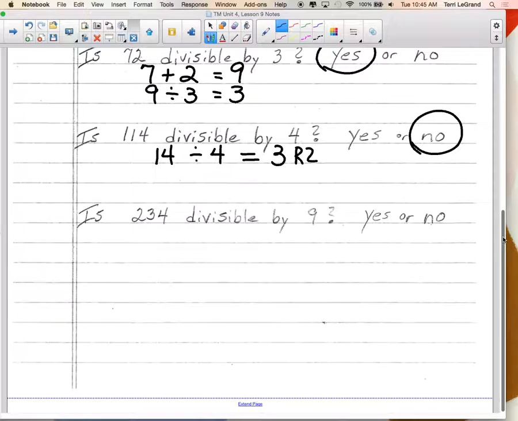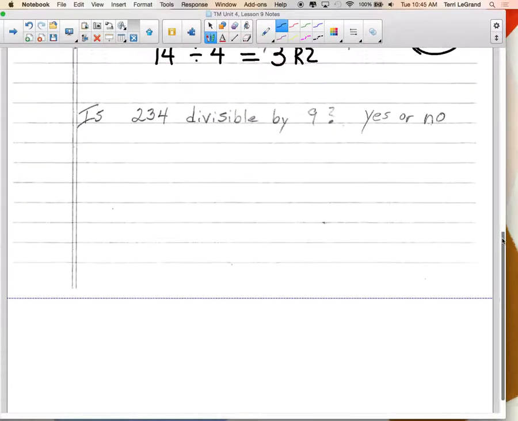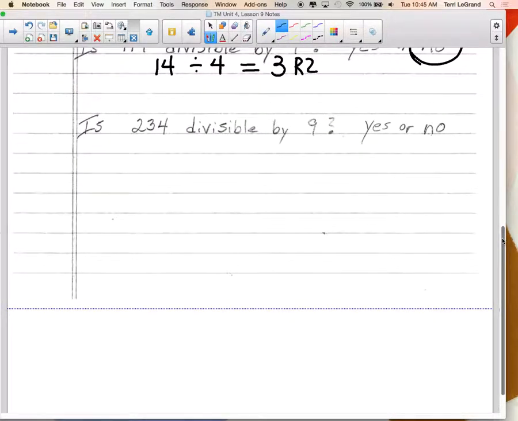Okay, is 234 divisible by 9? What's the test we run it through? The sum of the digits. So 2 plus 3 plus 4. 2 plus 3 is 5. 5 plus 4 is 9.